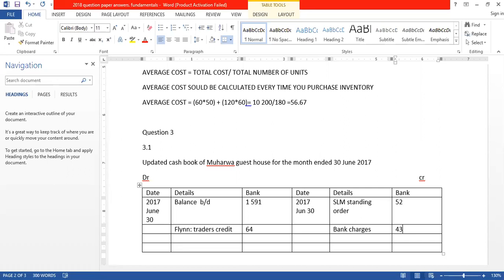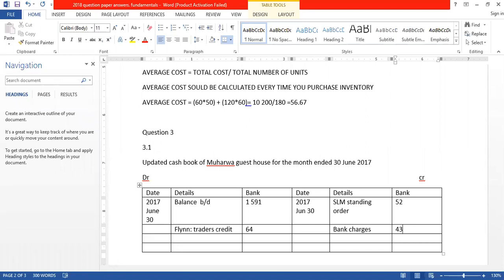Okay, now you go back to your two statements. Do we have any other transaction that is appearing on the debit side of your bank statement but not appearing on the credit side of your cash book? No, we do not have.